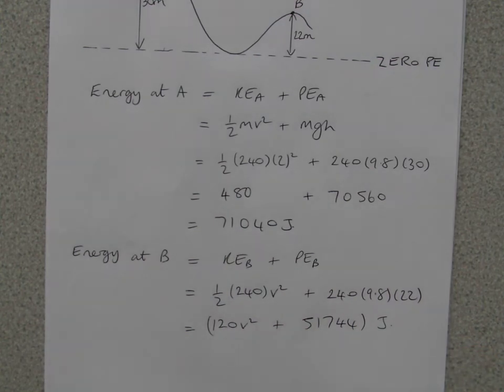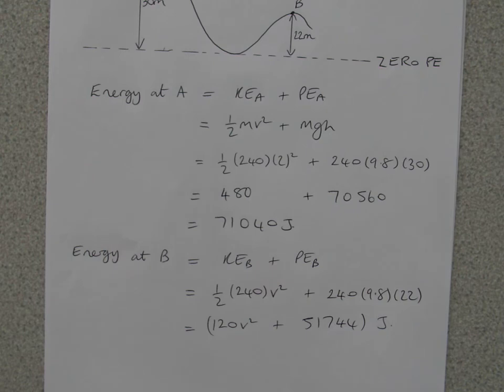Now, what we can't say is that the energy at A is equal to the energy at B, because the energy hasn't been conserved. We've lost energy. However, we can work out how much energy is lost, because we're given the resistance force, which is constant, and we're given the distance. We know how to work out energy lost by working out work done using that formula.